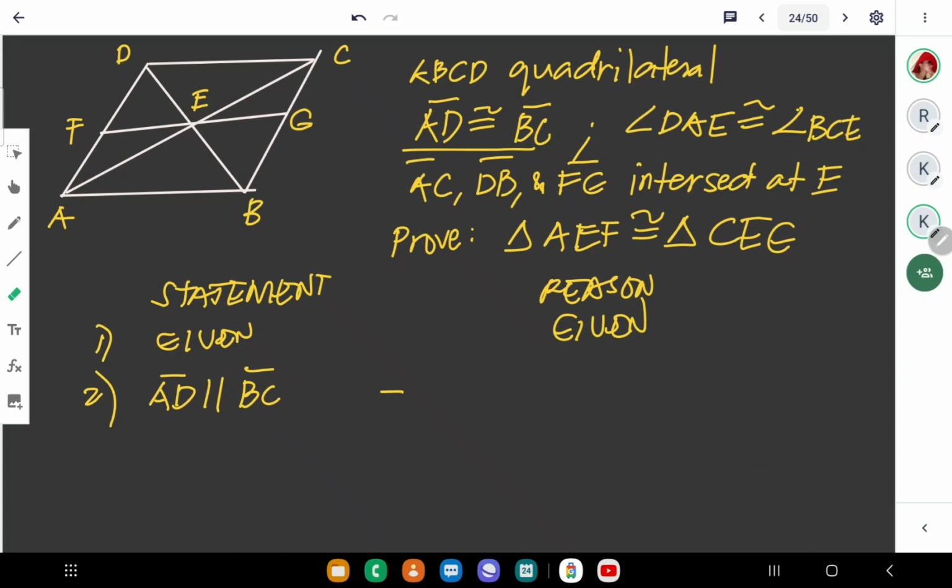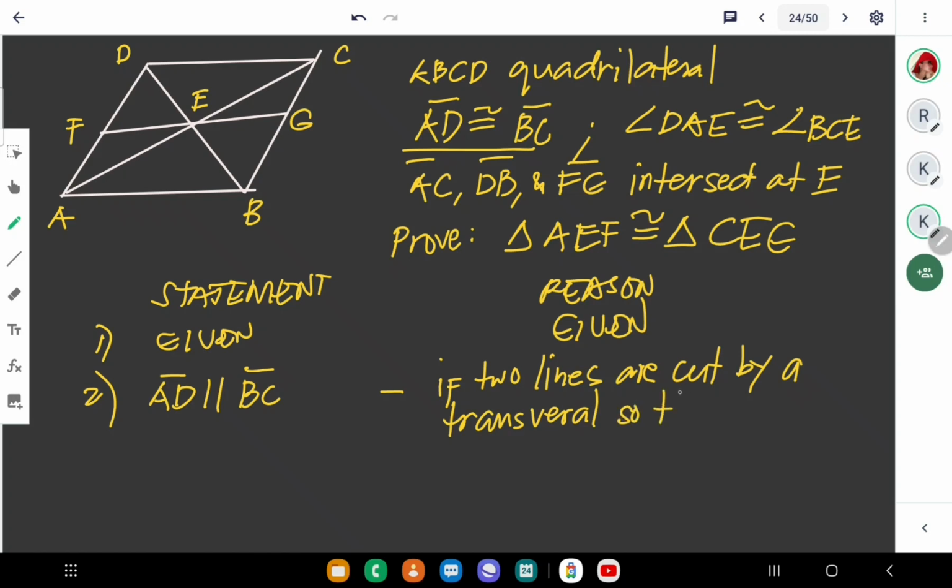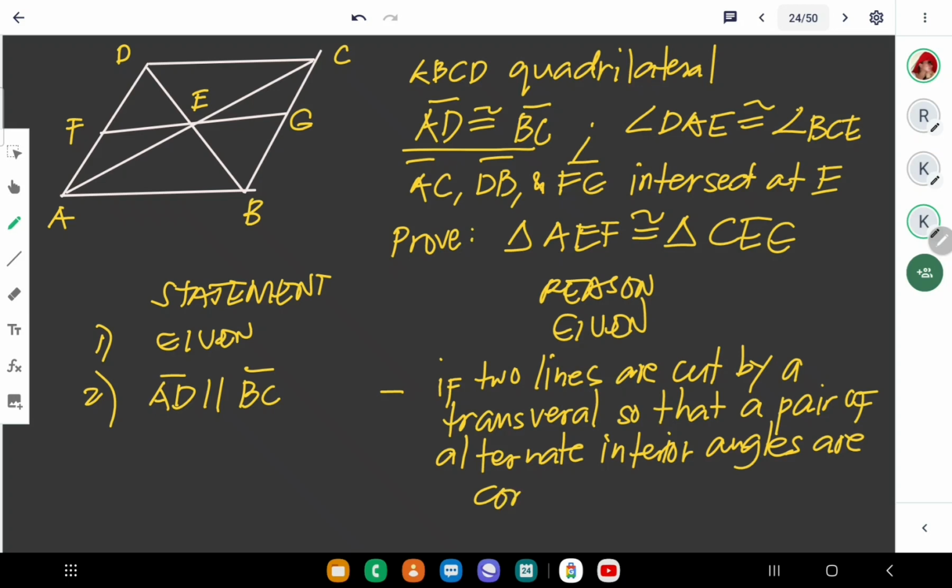It is already given that AC, DB, FC intersect at E. So a reason would be if two lines are cut so that a pair of alternate interior angles are congruent, the lines are parallel.